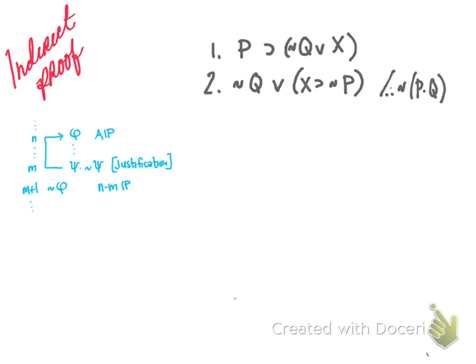So notice that if we try the just do anything you see strategy, there's not really anything we can do. We have 5 rules, we've got 2 that involve conditionals. Line 1 is a conditional, but we don't have the antecedent of that conditional on a line, and we don't have the negation of the consequent on a line, so we can't use any of those rules.